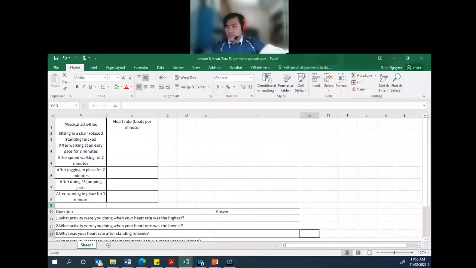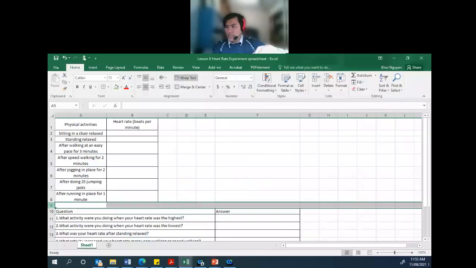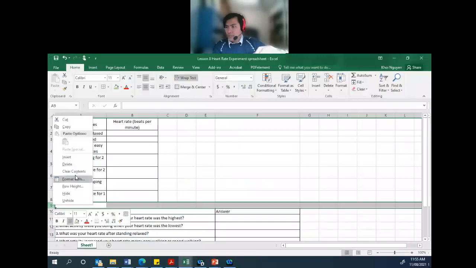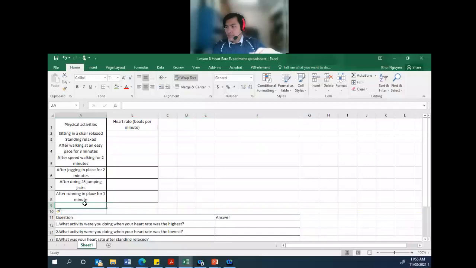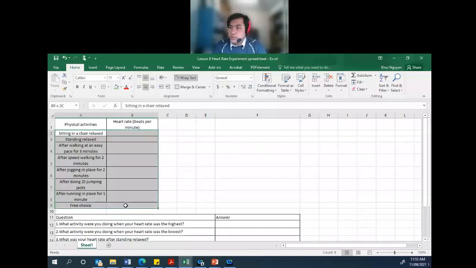Now I don't have the free choice, so maybe you can put it in here. Once you download the spreadsheet, you can do it there. To graph it, say for example, I'm just going to put 60 in there.